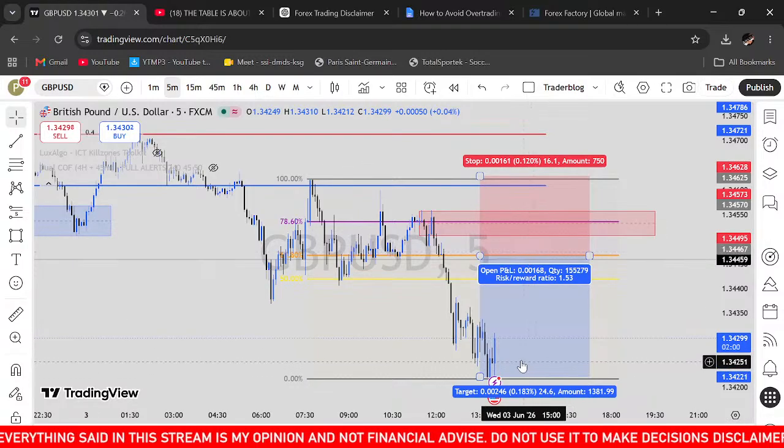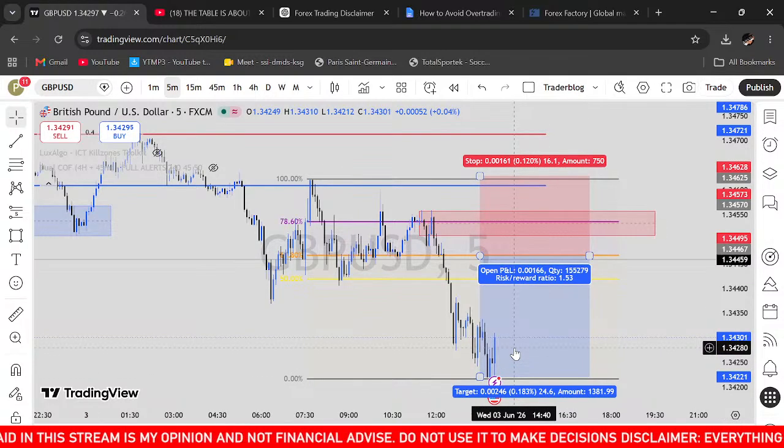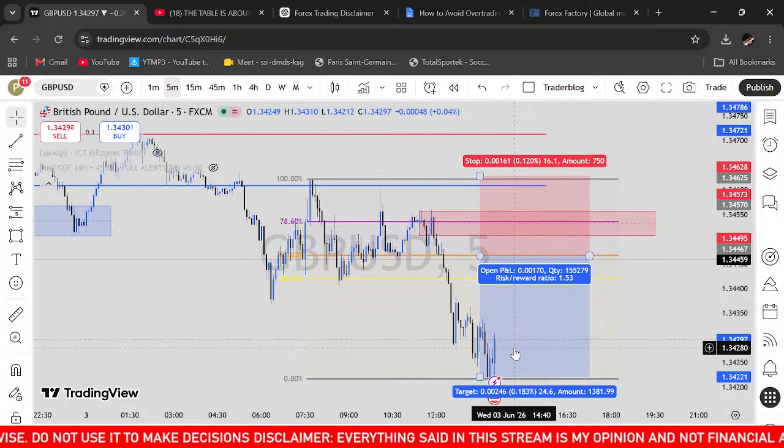I can't be chasing the buys. Why wouldn't I chase the buys? Because that's the path of most resistance, and I don't want to be following that. We trade towards the path of least resistance, which is the downside, right?